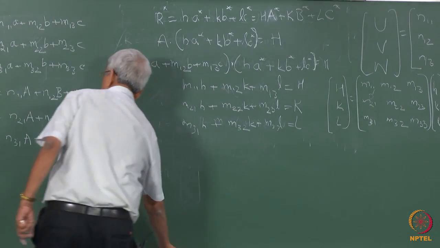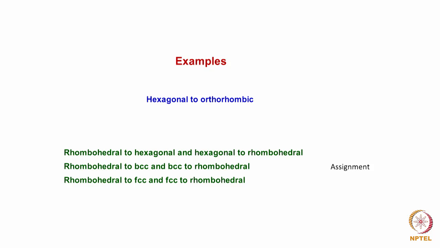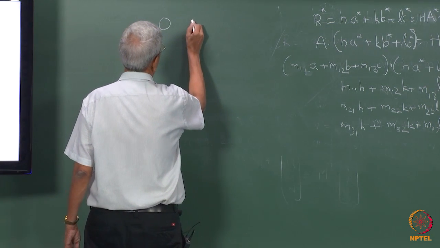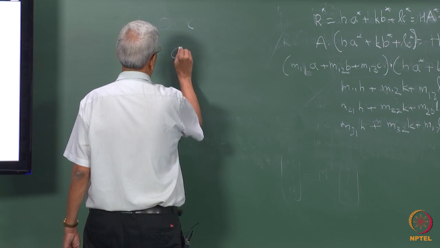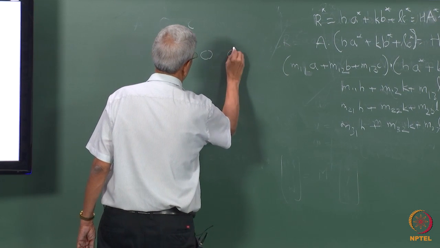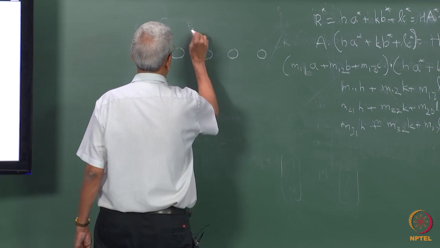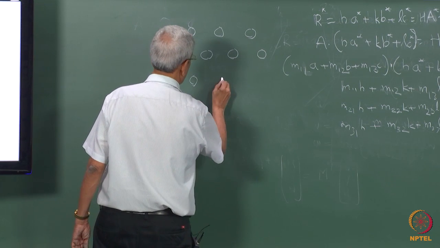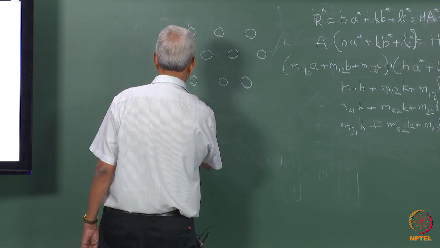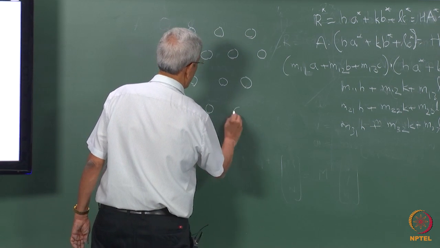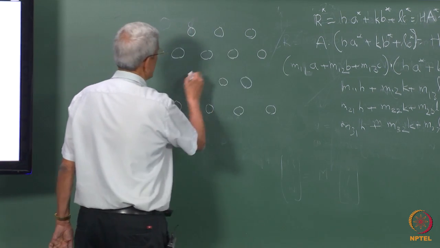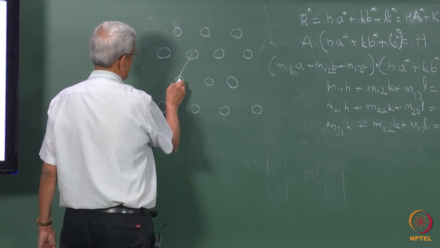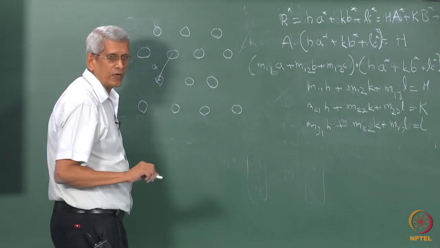Let us consider such a case. In this particular case, this will be the A with respect to a hexagonal lattice.